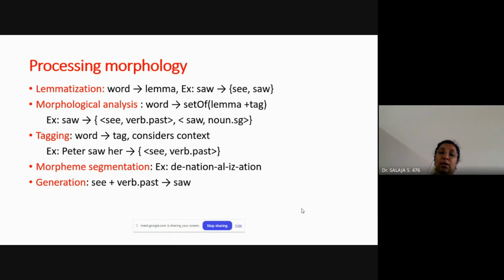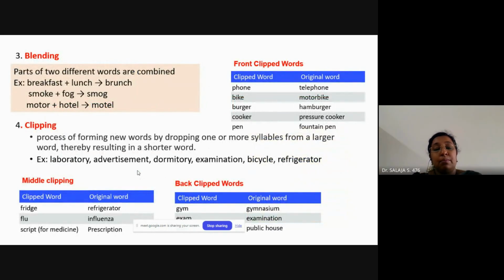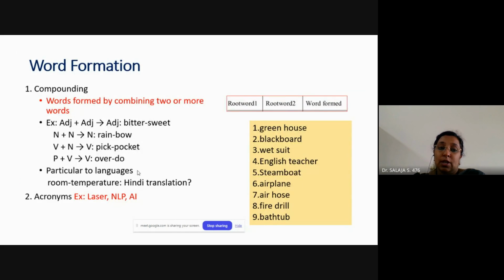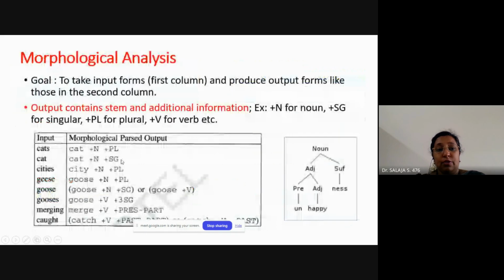It tries to generate the word along with the past tense or noun, or whether it's singular, plural, and so on and so forth. And then we try to fix it in and generate it. We also talk about word formation because that is one main part which is required when you go in for natural language generation. And then comes the various processes of it.